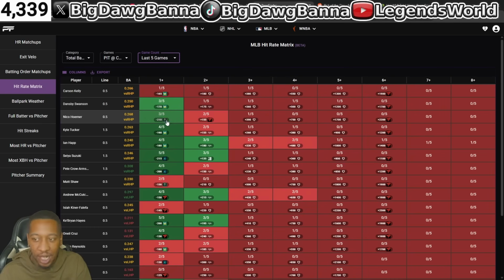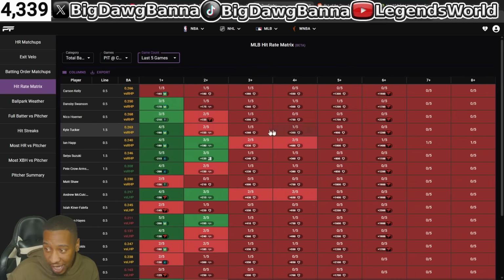The brighter the green, the bigger the difference is from his actual hit rate to the probability of the odds. Same with red. If it's red, the probability that you've hit it is lower than the implied probability of the line.